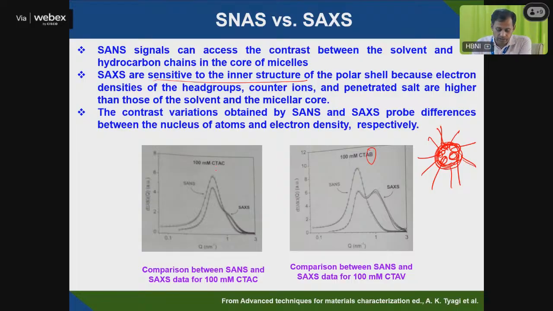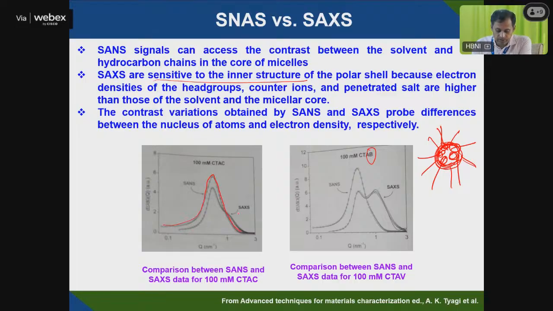If you see CTAC and CTAB, that is cetyl trimethyl ammonium bromide or ammonium chloride. If you take CTAB and CTAC, you can see the contrast variation. In a SANS measurement you get the whole average, only one peak here.